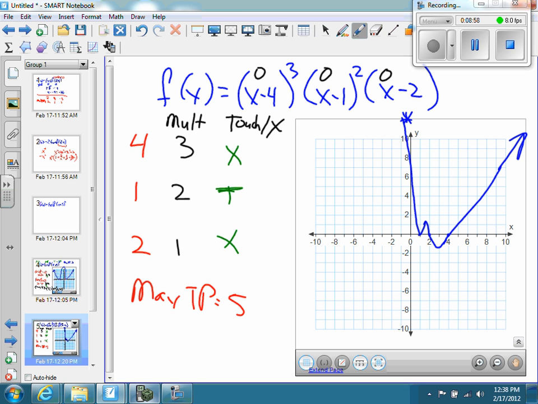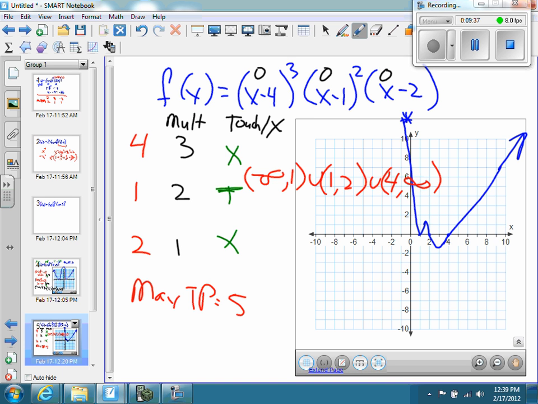Negative infinity, parentheses, 1, union, 1, 2, I think you're right, union, 4. I think that's correct. Everybody follow that? So these are the intervals. That's our interval for above.